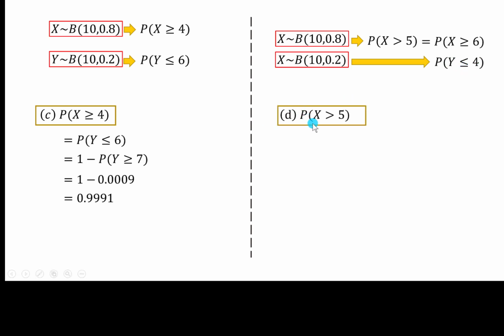For the solution, remember, if the probability is less than, we have to write 1 minus the probability Y greater equal than 5, because we must exclude Y 5 until 10. Then we use P 0.2, get the answer in the binomial table, and subtract this probability, so we get the answer 0.9672.